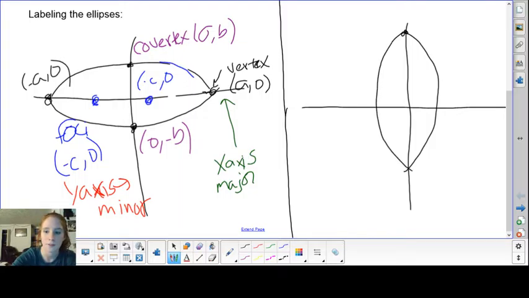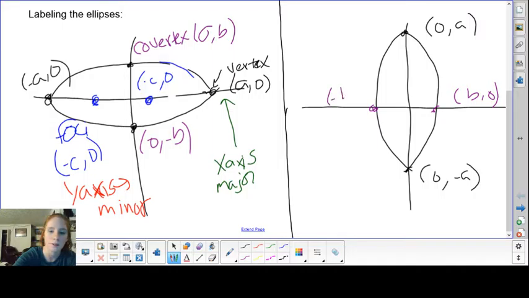So my vertices are at (0, a) and (0, negative a). My co-vertices are at (b, 0) and (negative b, 0).